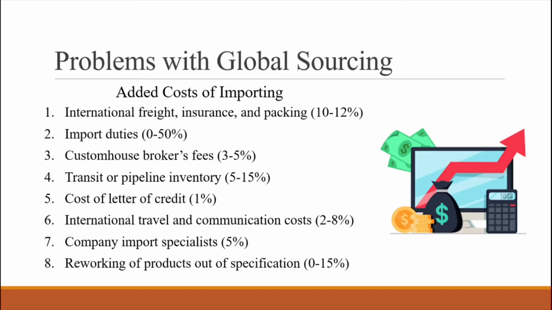The second is import duties, which add from 0 to 50% to the price. The third is customs house broker fees, 3 to 5%. Transit or pipeline inventory, 5 to 15%.